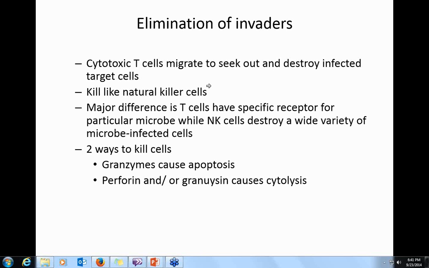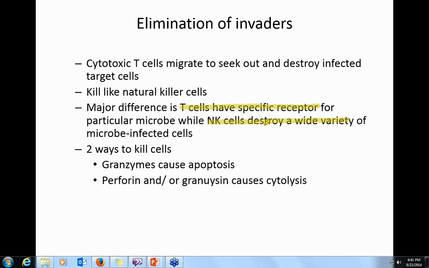How do cytotoxic T cells kill other cells? They kill like natural killer cells. But the main difference, and let me highlight that, is that cytotoxic T cells have a receptor. Whereas natural killer cells destroy a wide variety of cells.